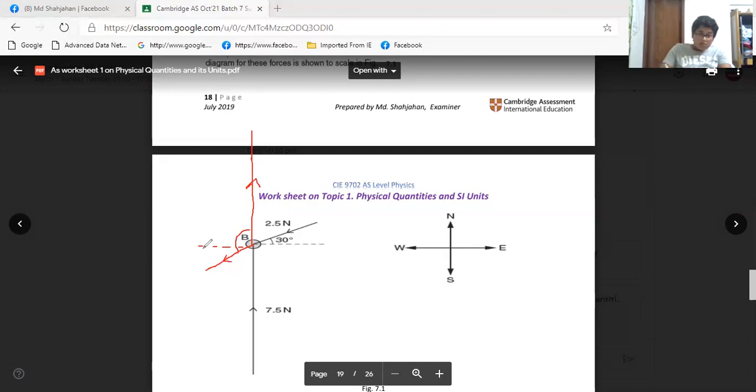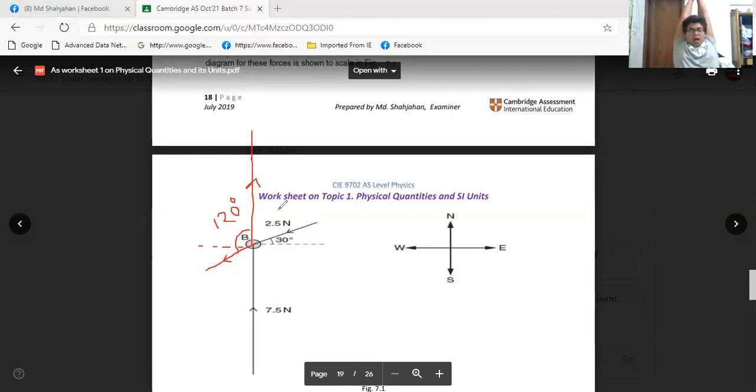You see, I drew dotted lines here. Between the dotted line and the lower vector, the angle is 30 degree because it is an opposite angle, right? And we also have 90 degree plus. With this 30 we also have 90 degree. So altogether we have how much? 120 degree, 30 plus 90.